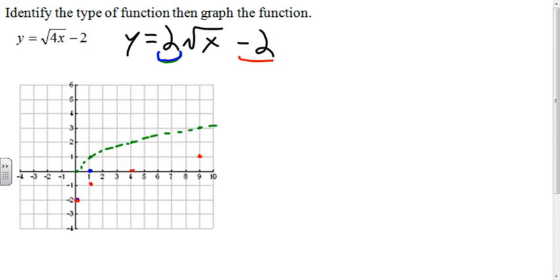Well, it should go over 4 and up 4, actually. Here it went over 9 and up 3. Well, it should actually go over 9 and up 6. So, in the end, this is what our function should look like. It stretched 2 and went down 2.